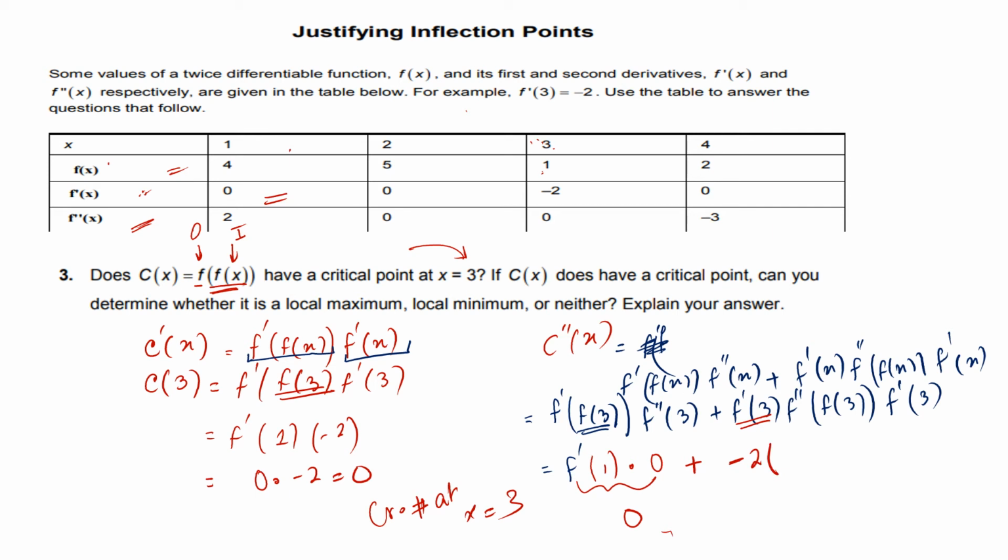Then f of 3 is 1. And f prime of 3 is again negative 2. So you will get positive 4, which is greater than 0. So you have a relative minimum. Now, just check that no one is making the mistake. That is the basic thing.